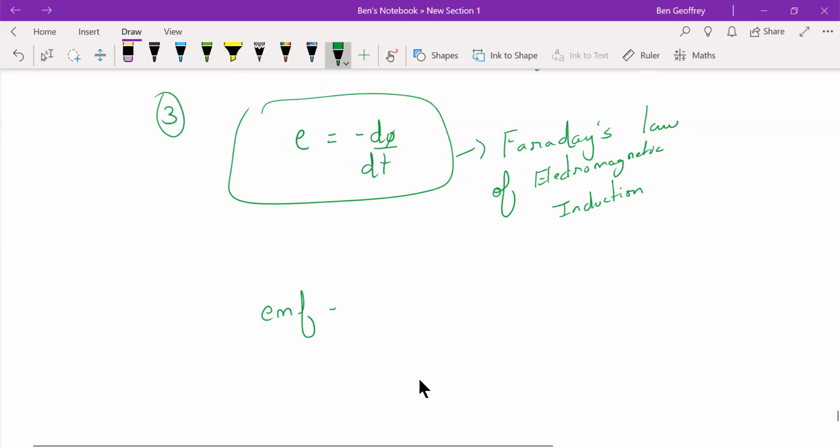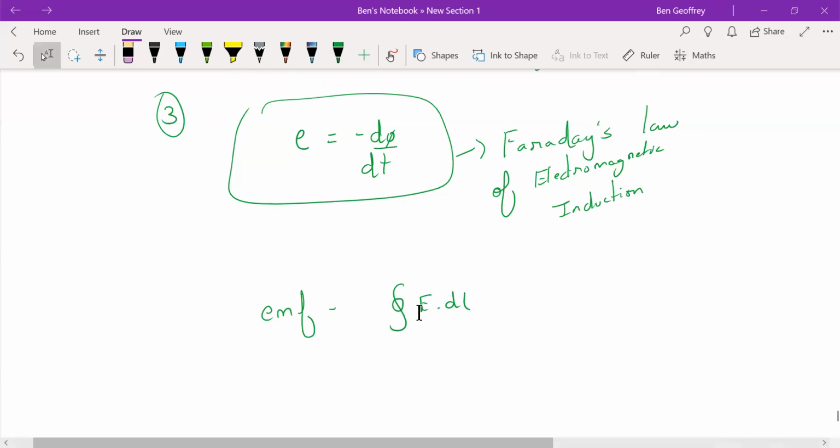So it is nothing but the closed loop integral of E dot dl, because E is the force on a unit charge, and the closed loop integral of dl means across the entire circuit. So this is the work done.